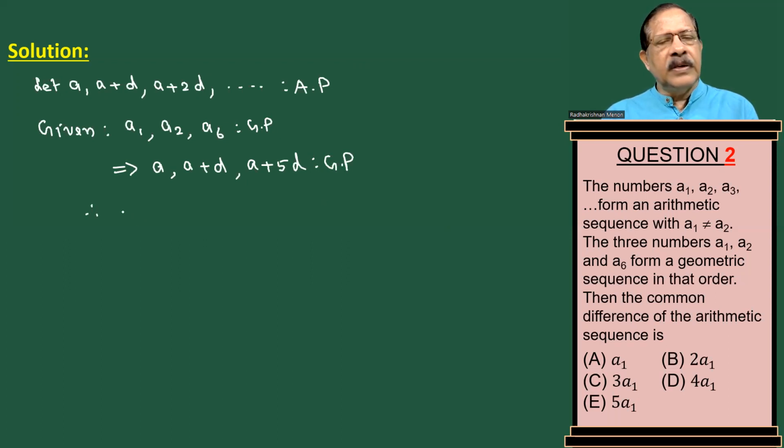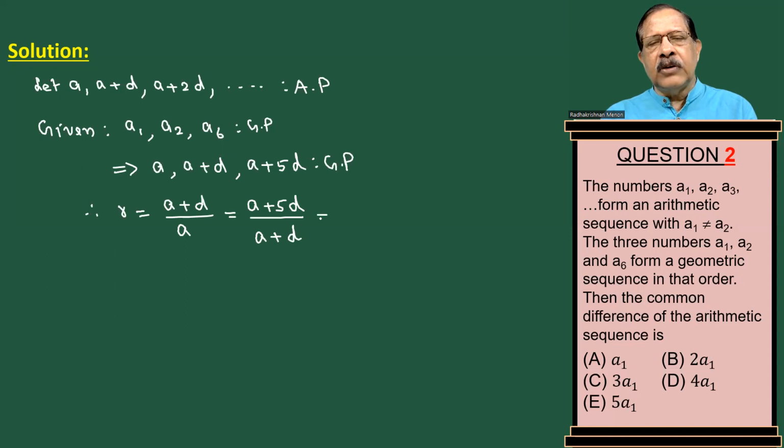Therefore, we know that common ratio r in GP is the second term divided by the first term, that is a plus d divided by a, which is equal to third term divided by second term, that is a plus 5d divided by a plus d.